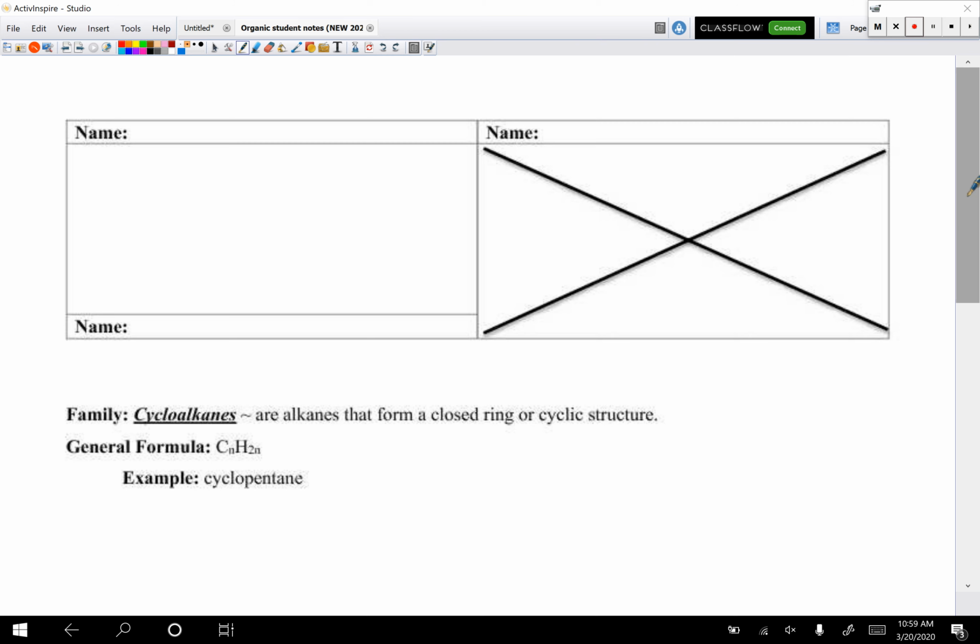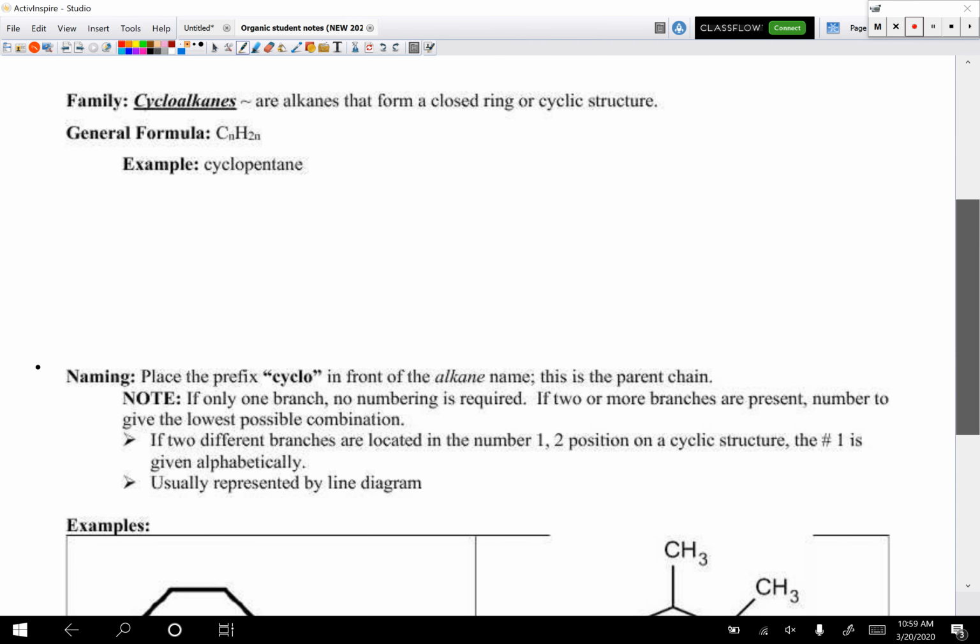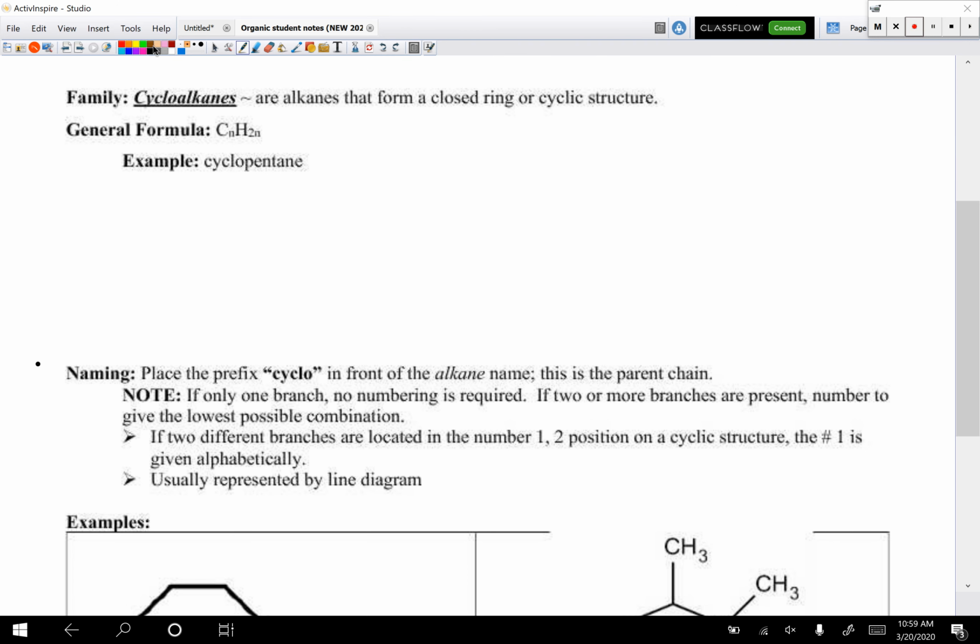All right. So for today, we're going to be looking at cycloalkanes. With these, we see the word cyclo in there. That means we have a closed ring, or what we call in organic chemistry a cyclic structure. The general formula for this is CnH2n.